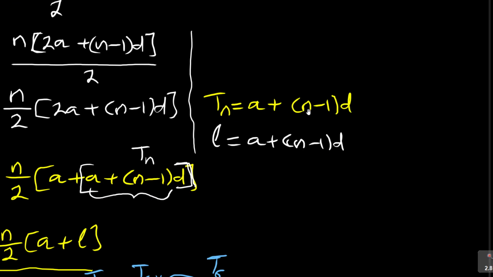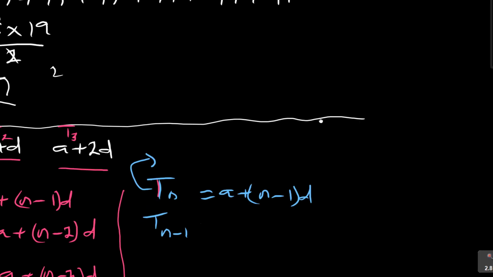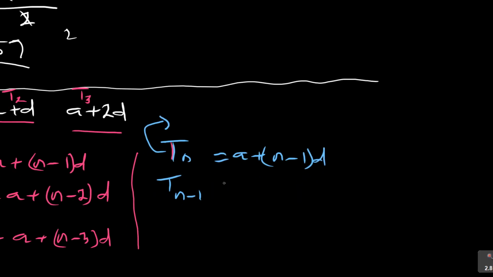Okay, so even here, if I say tn minus 1 is equal to a plus, where there is n, I put n minus 1. See that? That's what I put. So it's n minus 1. This is what I put in here. And then there is minus 1 again. And then you put d.